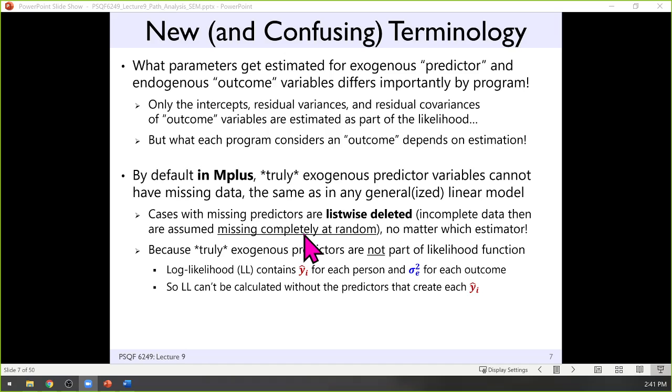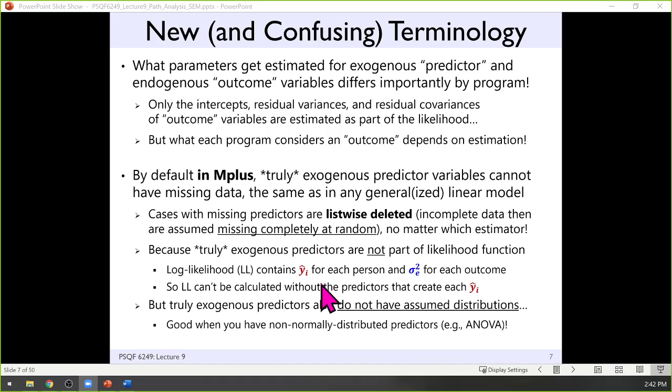They don't have distributional assumptions, they just contribute to the predicted outcome and that's it. In those cases, you cannot have missing data. If you have missing data on a predictor that is not in the likelihood, that case gets deleted. The same thing as what happens in regression, because you can't compute the likelihood if you don't know what the predicted outcome is. And if you don't know what the predicted outcome is because you don't have the predictor, it can't be done.